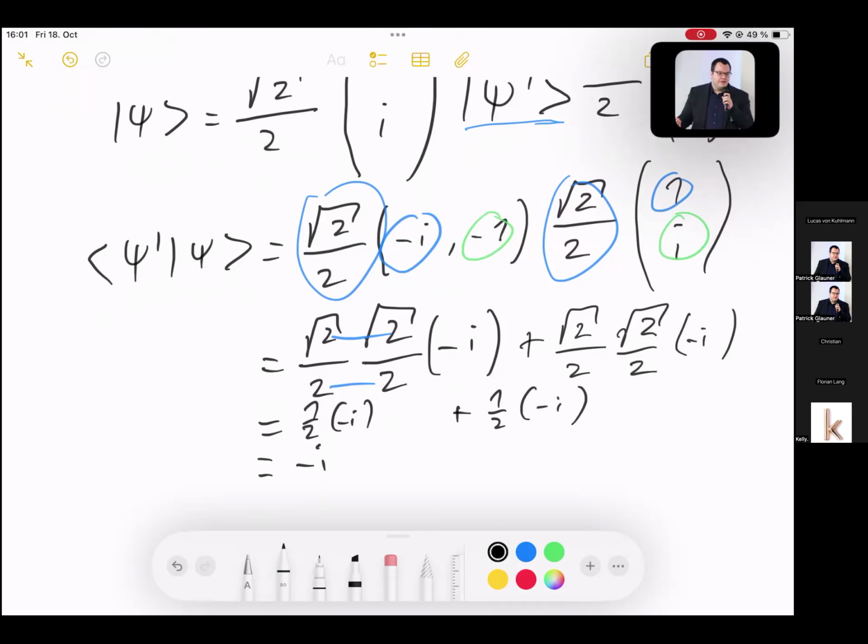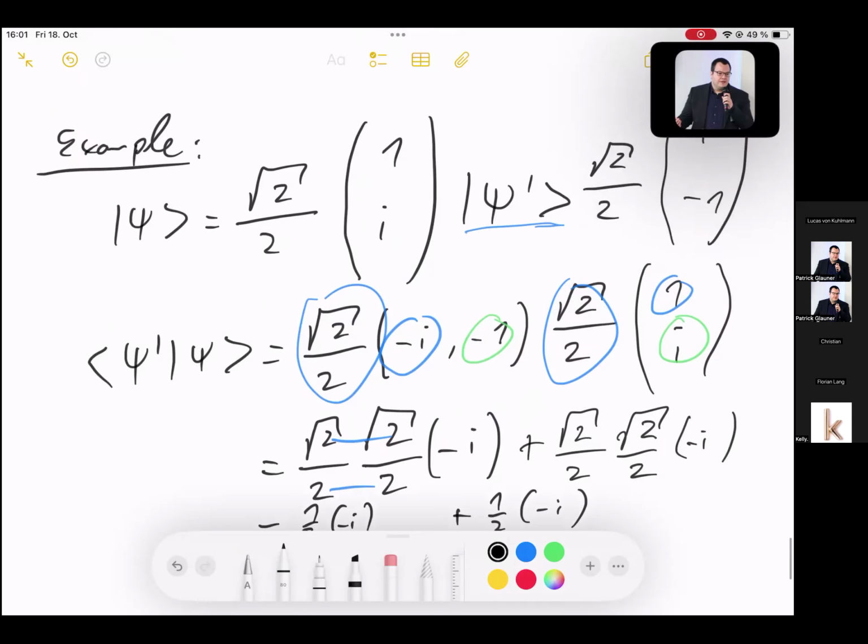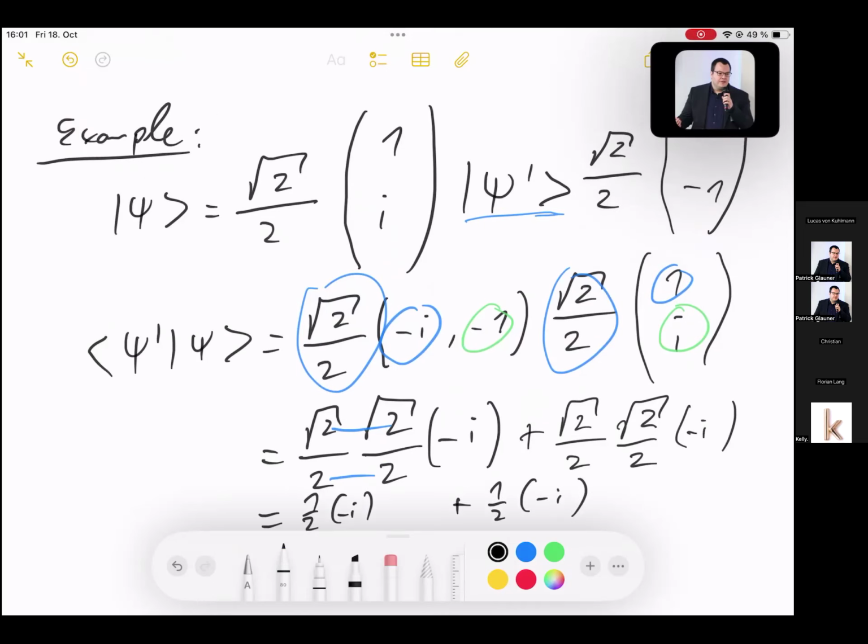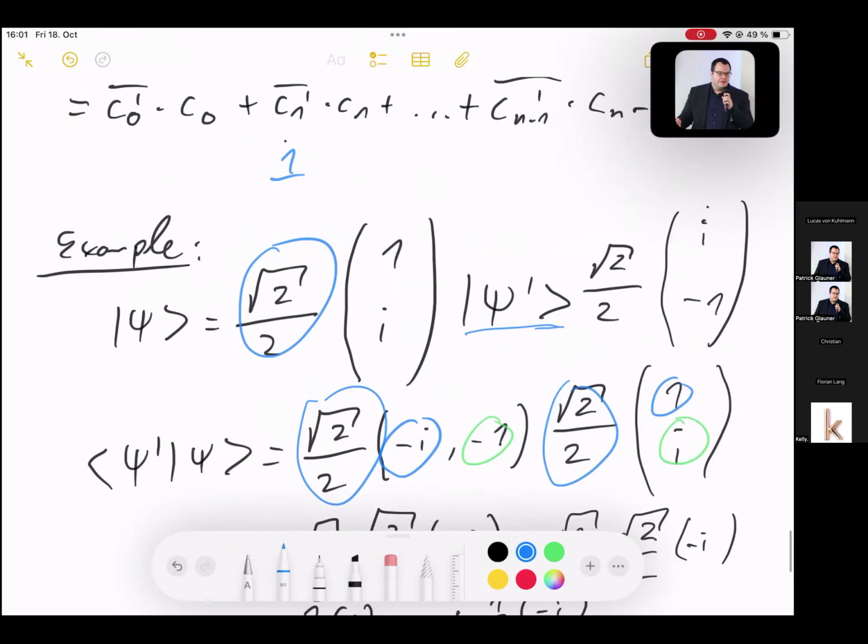I know this isn't that easy when you use all these complex numbers and you have these factors which are purely for normalization. This one here is just the same as 1 divided by square root of 2. If you work with 1 divided by square root of 2, maybe it's easier for you, but some people prefer to have the square root in the numerator rather than in the denominator.